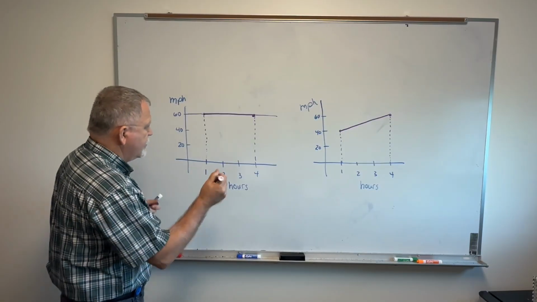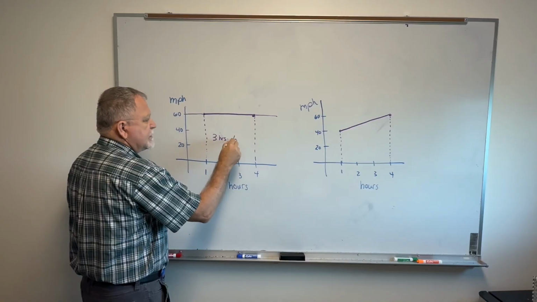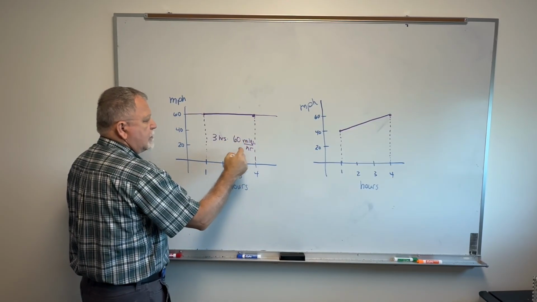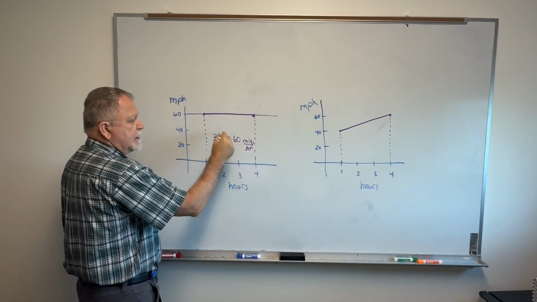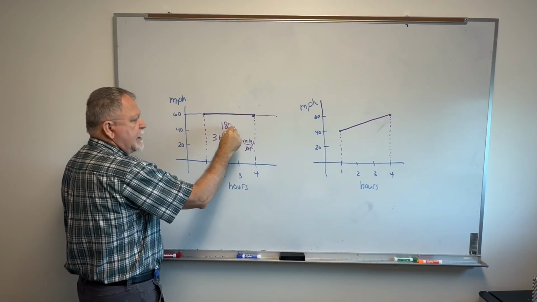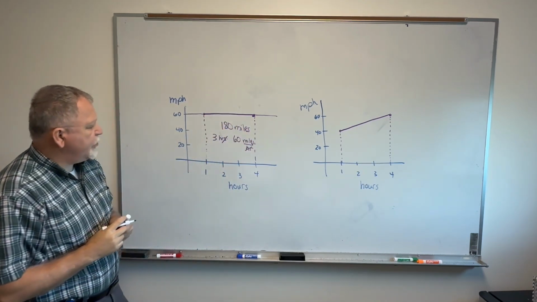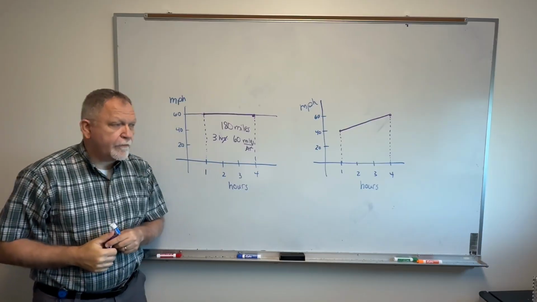Let me write that here. 3 hours times 60 miles an hour. We can do the multiplication. The hours cancel. 3 times 60, we traveled 180 miles over those 3 hours between hour 1 and hour 4.